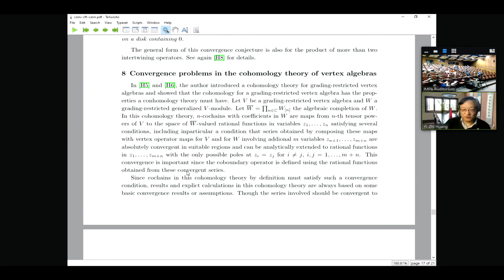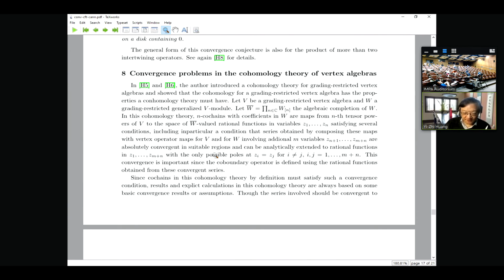I myself actually introduced a cohomology for such vertex algebras. But for this cohomology theory, I do not need the Virasoro element. That is why this is for so-called grading-restricted vertex algebras, so we do not need the conformal element.